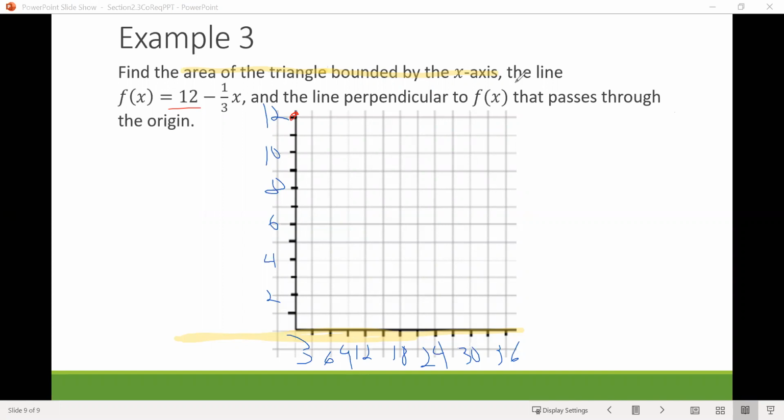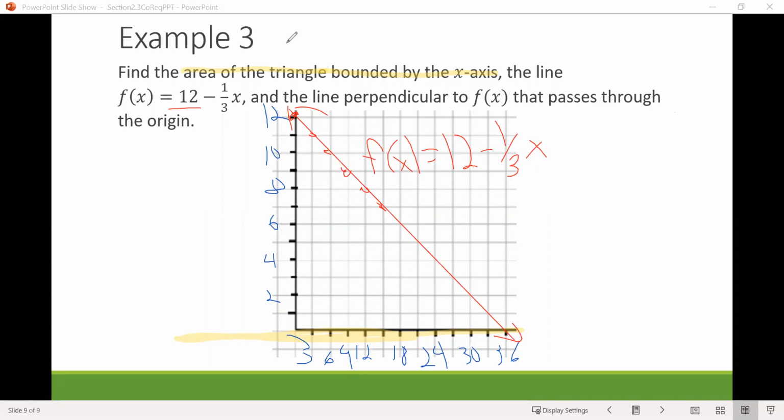So going down 1/3 puts me here, and then here, and then here, and it goes on forever like that. So our line is going to look something like this, if you connect all those dots. And that's going to be f of x equals 12 minus 1/3 x.